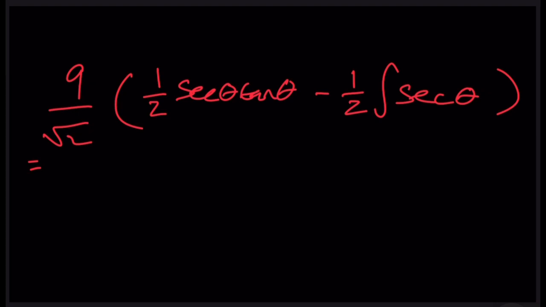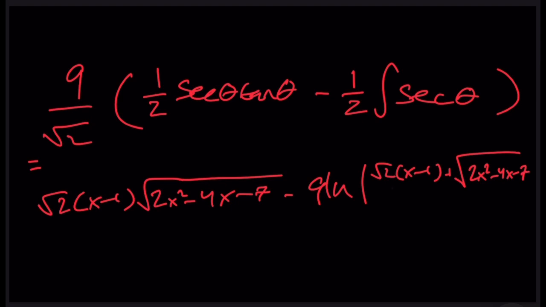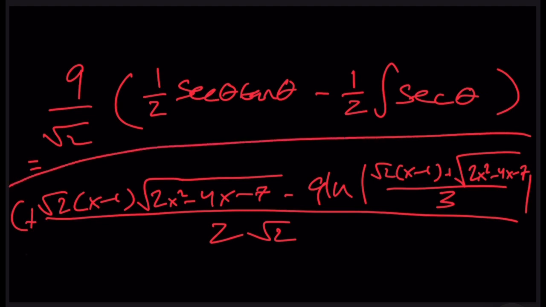And we get root 2 times x minus 1 times the square root of our original 2x squared minus 4x minus 7, minus 9 times the natural log of root 2 times x minus 1 plus the square root of 2x squared minus 4x minus 7, all over 3, all over 2 root 2, and this is our final answer.